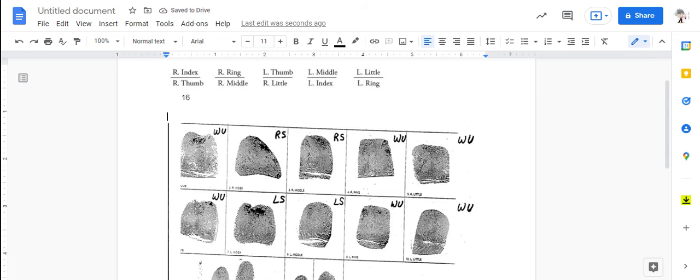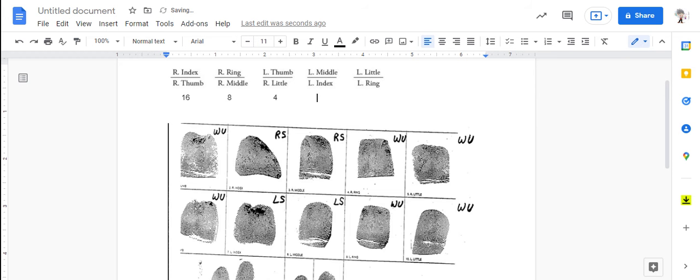And then if the second grouping, and I'll get to the bottom here in just a second, has a whorl, then it is going to be given a numerical value of 8. The next grouping, left thumb or right little finger, if it has a whorl, it's going to be given a numerical value of 4.